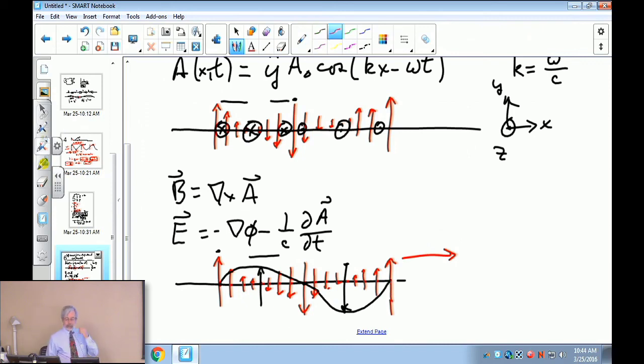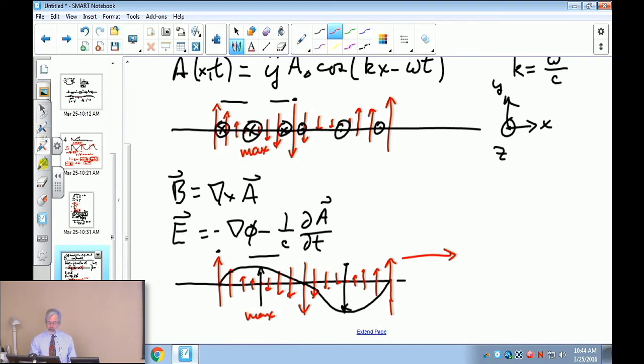Okay, so the E field is, as you can imagine, just the time derivative of that cosine, so the E field is going to have sinusoidal behavior as well. But notice that the maximum E field and the maximum B field are at the same place. We had the maximum here and a maximum here.